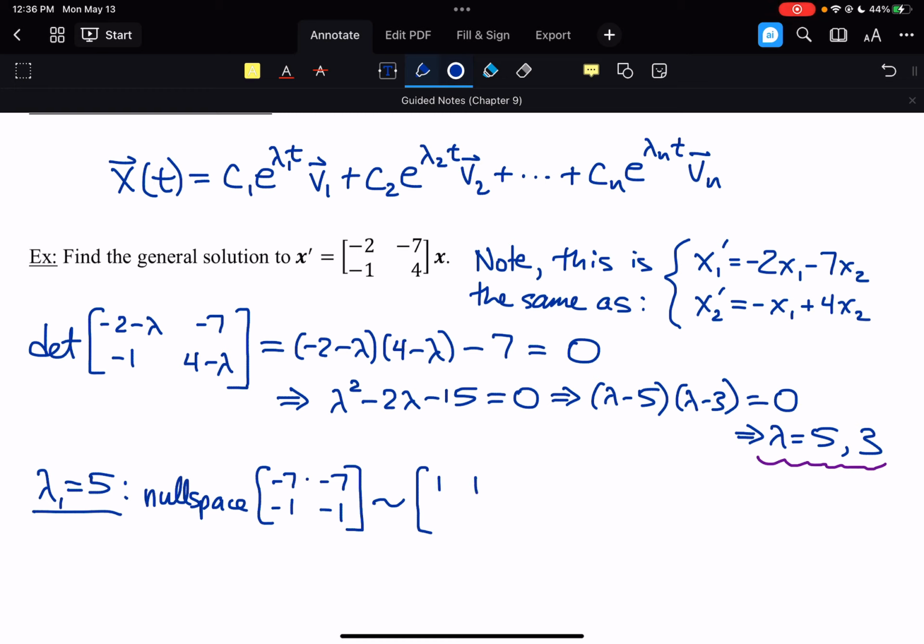The other row is a multiple of the first, so that's a 0 and a 0. And with the null space, we augment with the 0 vector. So we've got our pivot right there. This gives us our corresponding eigenvector. So like this would be the free variable t, this would be negative t. So we're going to get negative 1, 1 for our eigenvector.